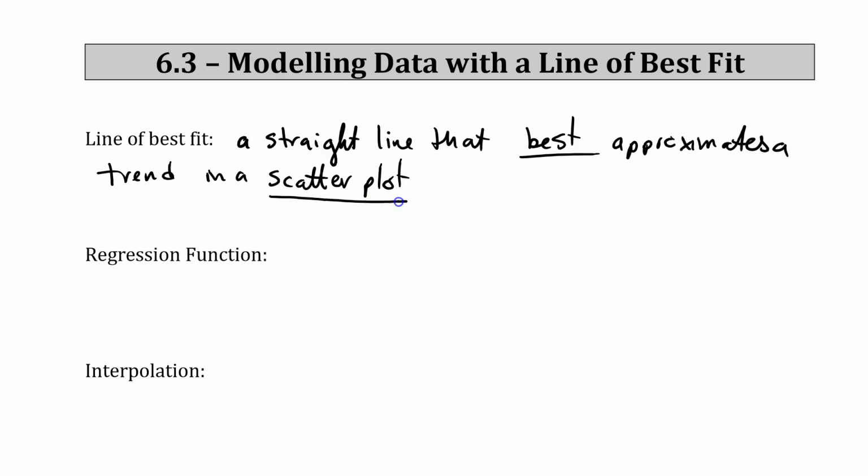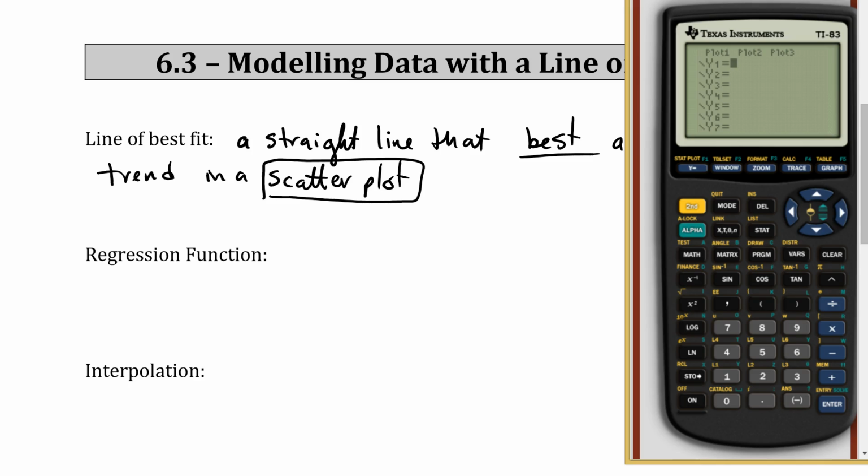Now, in order for us to understand what a scatter plot is, it is just the plotting of specific points. So if we want to go to our calculator here, we're going to click second and the y equals to turn our scatter plots on. We're seeing this one right here. We're going to say scatter plot on, and in general we're going to be using y1.